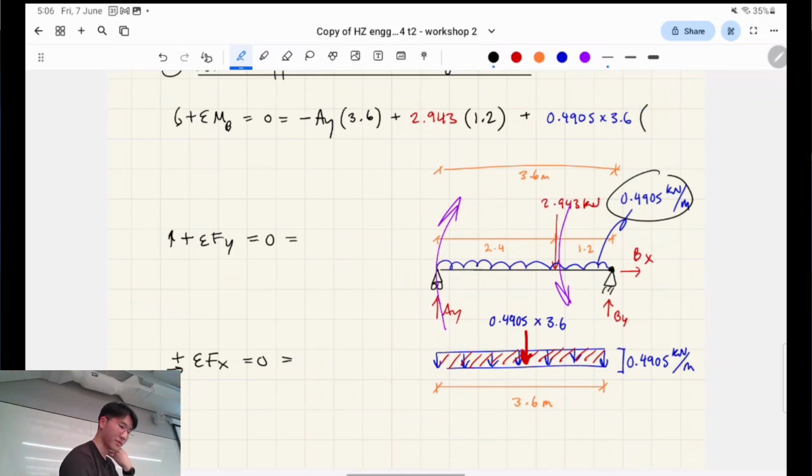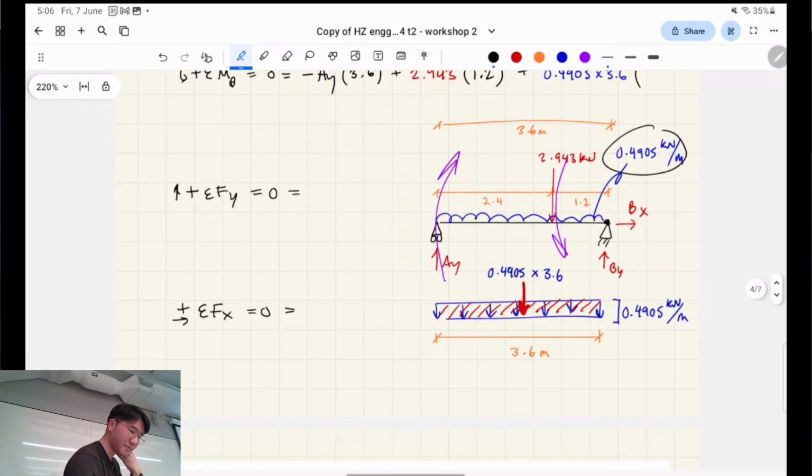Okay, cool. We have to find the perpendicular distance from the line of action of this equivalent point load to our point of relevance, which is point B on the right. How much should that be? 1.8? So, yes, very good. So it's the length of the beam divided by 2 in this case, right? That's 1.8.